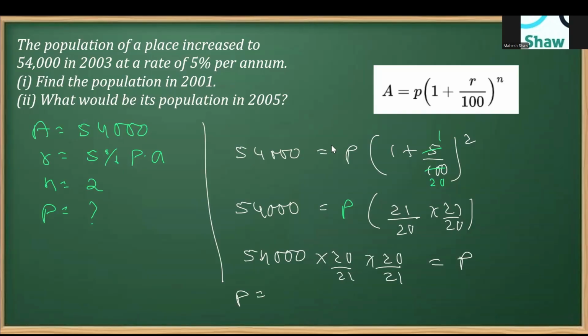So P will come as, after simplifying this, I can see that it can be reduced a bit. Let's say if I reduce it 7 times, and 54 is divisible by, you should know that 54 is divisible by 3, 18 times. So it should give you 18 followed by 3 more zeros. So I can reduce it further.